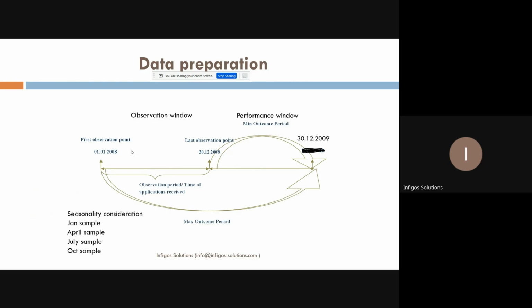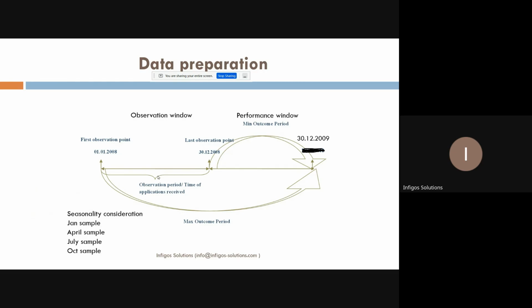Performance window is prescribed by regulators, like you should maintain a 1 year performance window. It could be 12 months, it could be 18 months. And then you have this observation point.